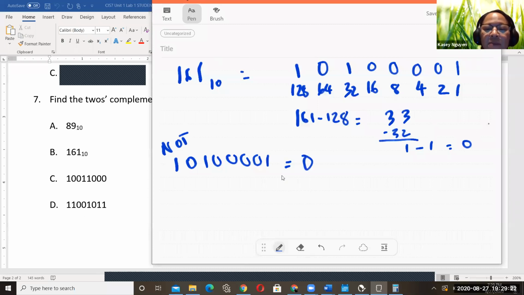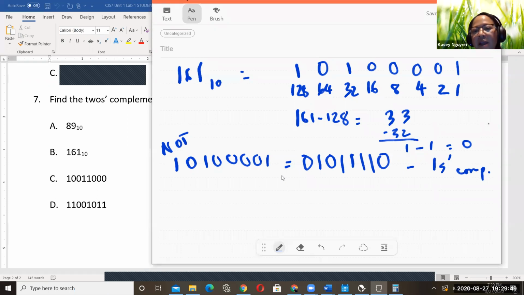The next 0 becomes a 1. The next 1 becomes a 0. The next 0 becomes a 1. The next 0 becomes a 1. Next 0 becomes a 1. Next 0 becomes a 1. And the last 1 becomes a 0. And this gives us the first complement, when we not the 161 binary equivalent.